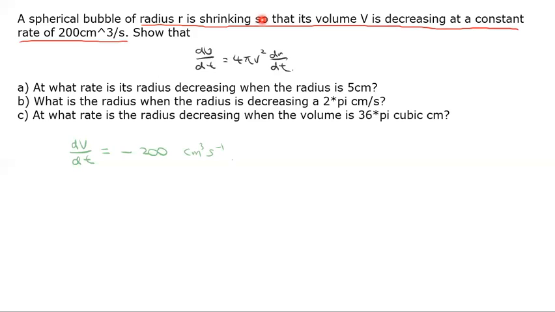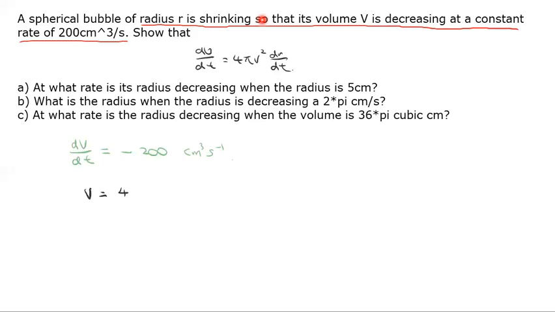All right. Now, you told me earlier, what type of shape do we have here? Sphere. How do we calculate the volume? 4 pi r squared.